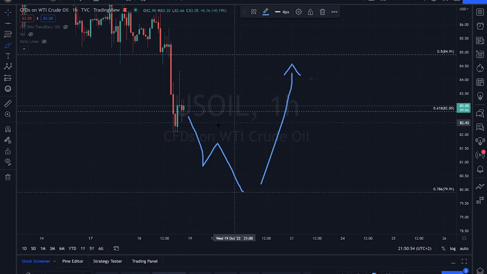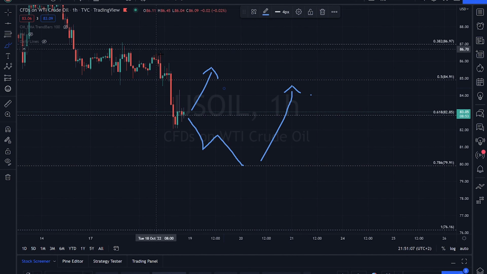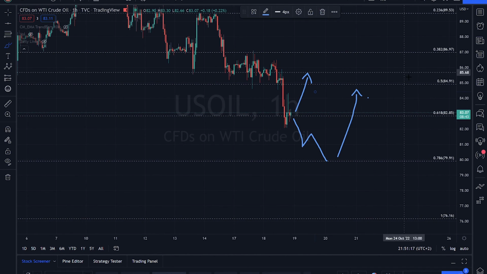So that's one possibility, or it could be that it's come down here and we are just going to keep on moving up. But what we would need to see for that is that the move up takes out this area here where it was consolidating, and these highs are taken out, and that move continues to go impulsively up.